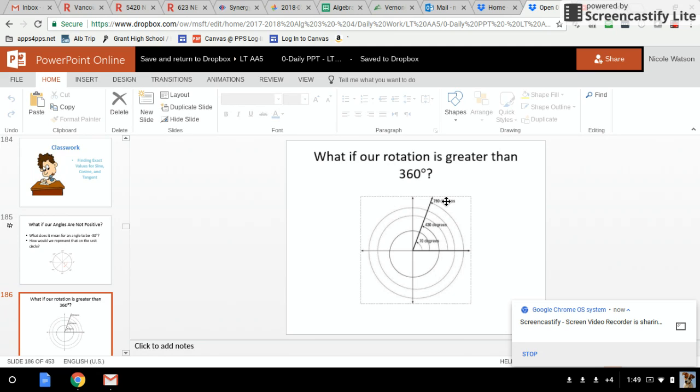So the first thing I did was find out how many rotations I went. That's 2 rotations right there, so I have 720. Then I do 790 minus 720, and I get 70 degrees. And these are all multiples of 70 right here. But I did have to do a little extra work once I went past that one rotation, okay?